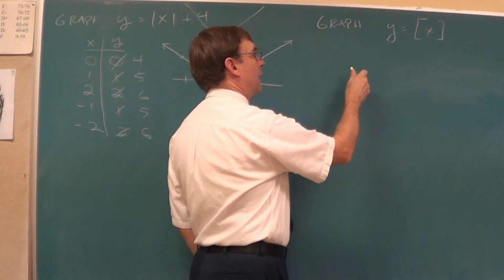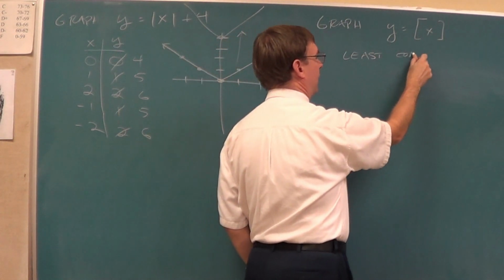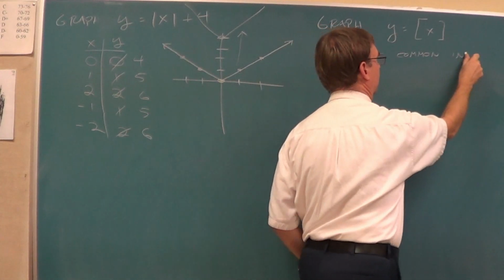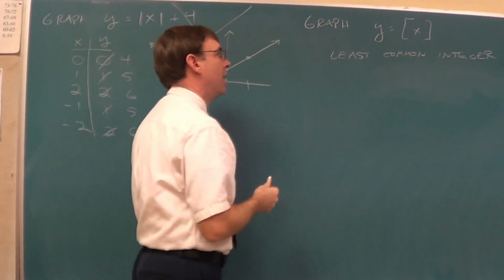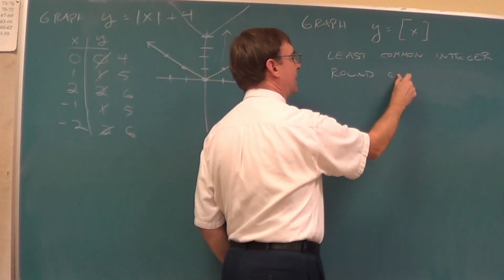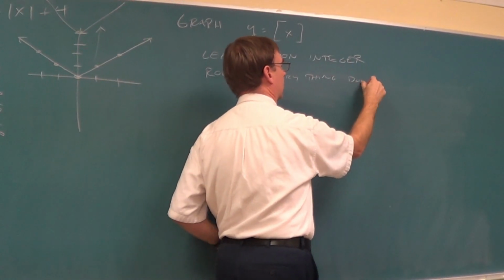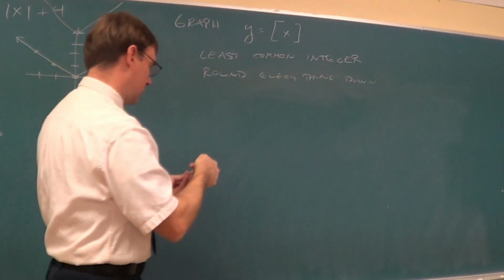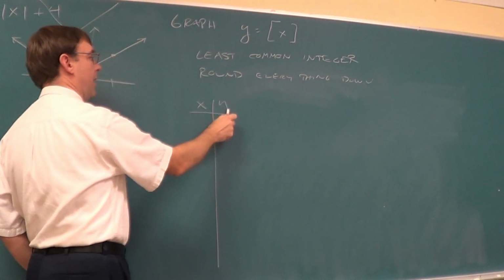Last thing we're doing, this is called the greatest integer function. You've never seen this symbol before, you've never heard of that. What this does essentially is it rounds everything down. So I'm going to build a pretty expansive table on this.